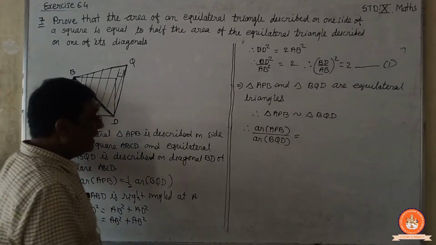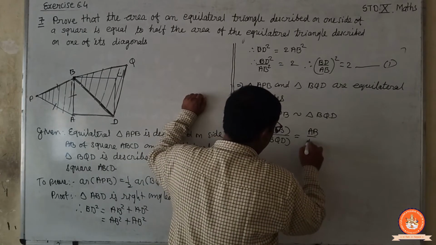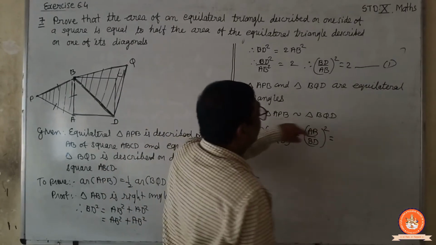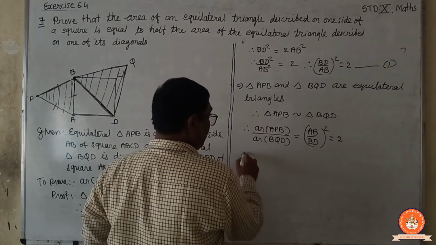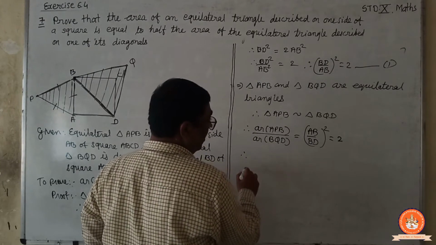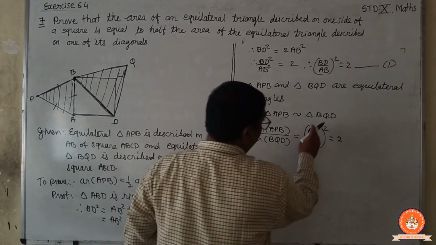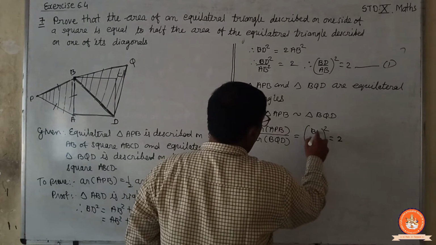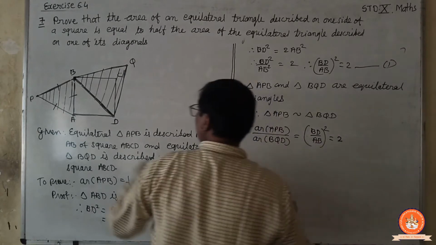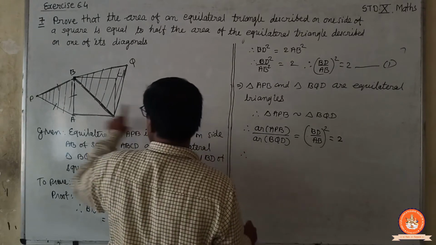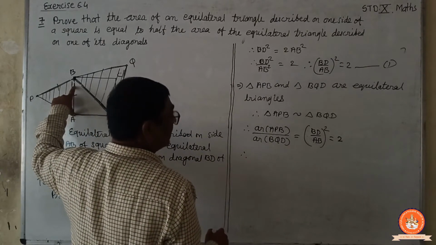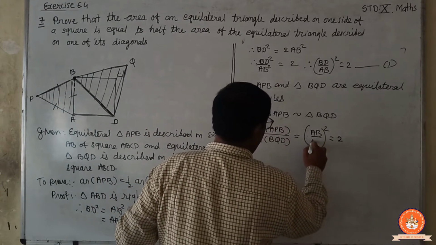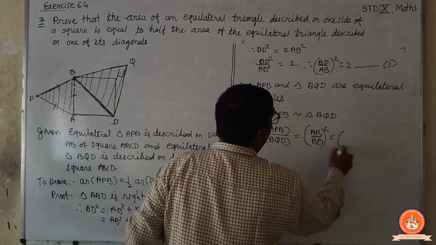So AB upon BD, the whole square. Sorry, it's BD upon AB that is equal to 2. APB is this one and BQD is this one. So AB is the smaller side, so AB upon BD would be half.